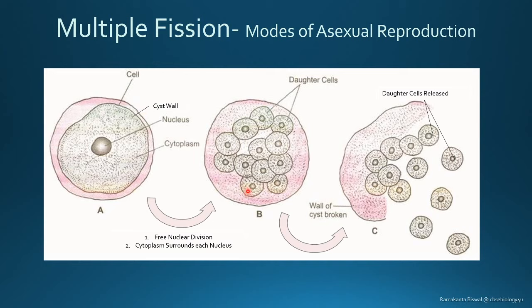When the cyst wall forms, inside it free nuclear division happens. Each nucleus divides a number of times mitotically, and at some point each nucleus gets surrounded by some amount of cytoplasm. Then when the favorable condition is back, the cyst wall is broken and each of the daughter cells is released.